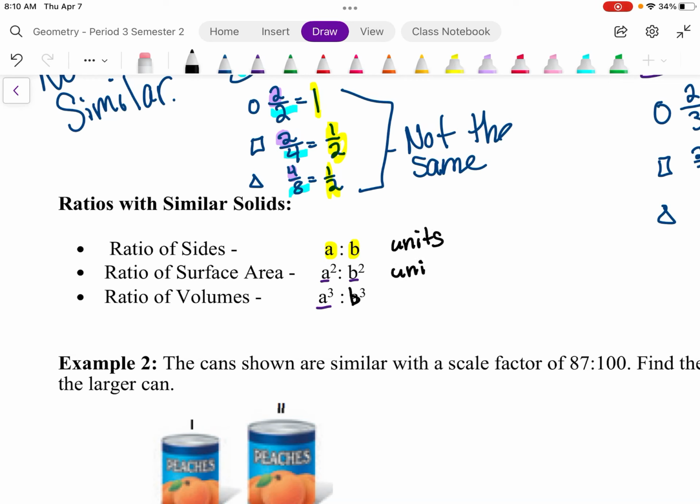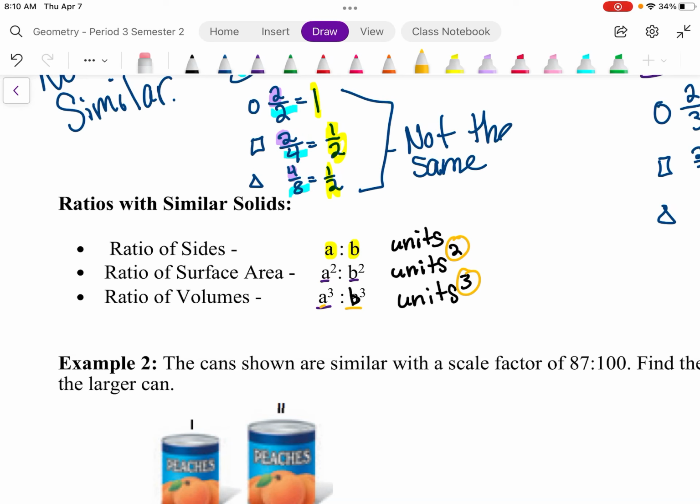Even though when we're doing the ratios we don't label them with units, we can think about each of these and use them to figure out what we need to do with the side lengths. If I need to find the ratio of the volume, I know volume is units cubed, so I need to cube those side lengths to find that ratio. Same thing for surface area, except with squared.